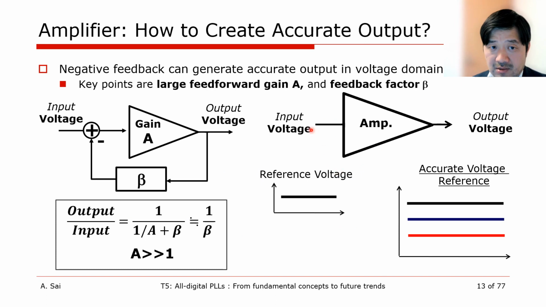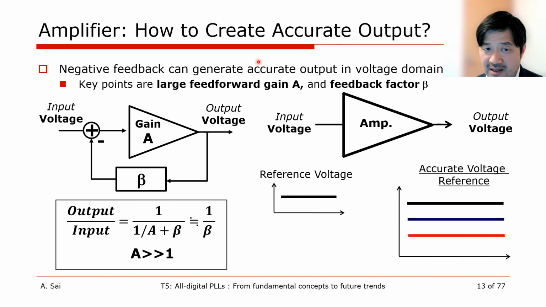So how can we generate high quality clock with low noise and no frequency fluctuations. First of all, simply thinking about the voltage, the simplest method is to use feedback.